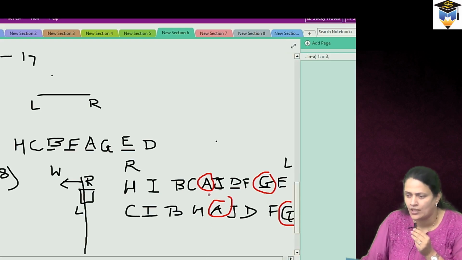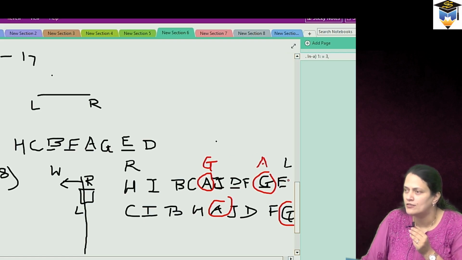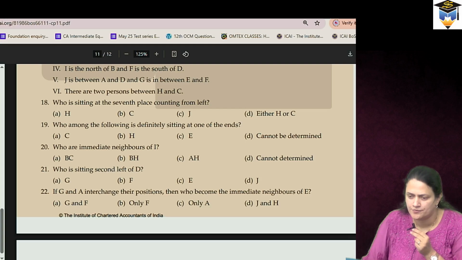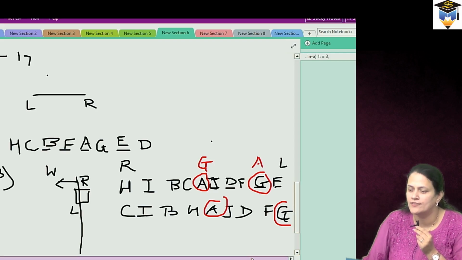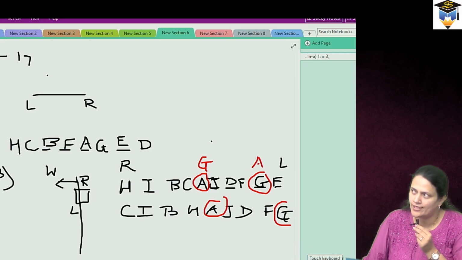So G will be placed here, A will be placed here. Only A. Understood? Any doubts? So this is the correct arrangement.